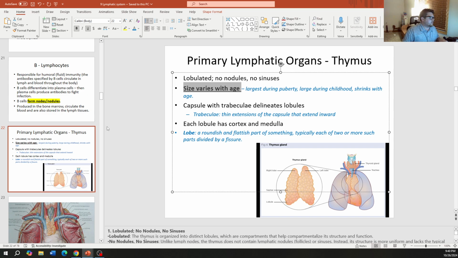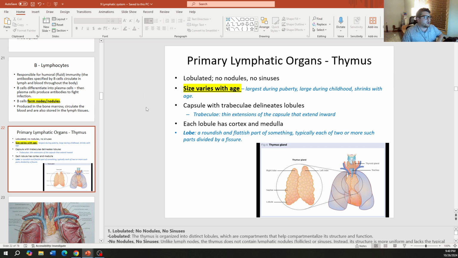The size varies with age. Specifically, our thymus is largest during puberty and during childhood. So a younger person has a much larger thymus, and it shrinks with age. As we get older, our thymus is going to shrink. Kind of think about it.